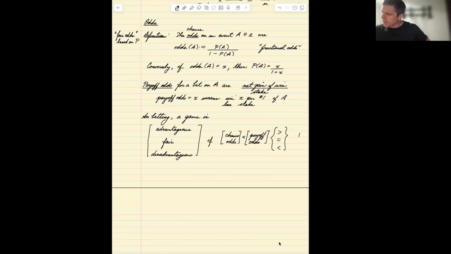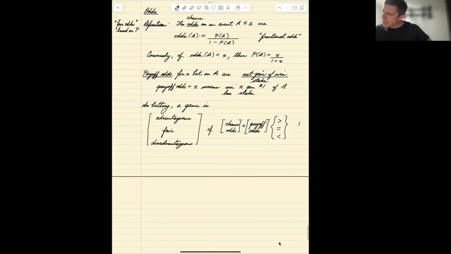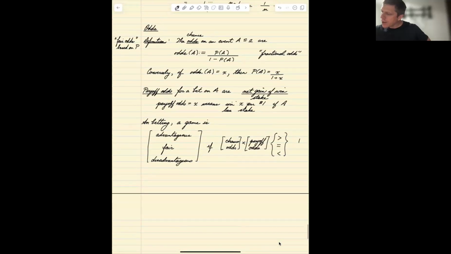Why I called them the fair odds is if the chance odds times the payoff odds equals 1, we call the game fair. What does it mean for them to be equal to 1? Well, that means that the payoff odds are equal to 1 divided by the chance odds, right? And if we do that, then we're going to recover the same probability. In other words, the market odds imply the same probability model as our model, or as the true chances. So the odds are priced in a manner fair with the actual probability of the outcomes.